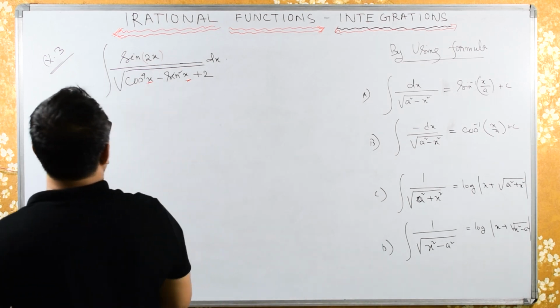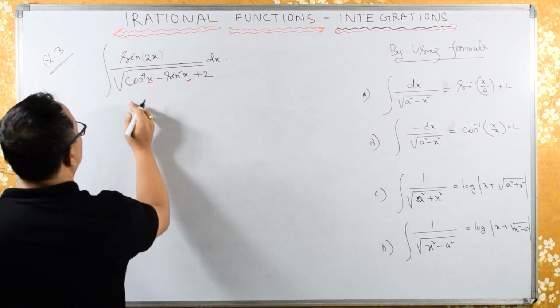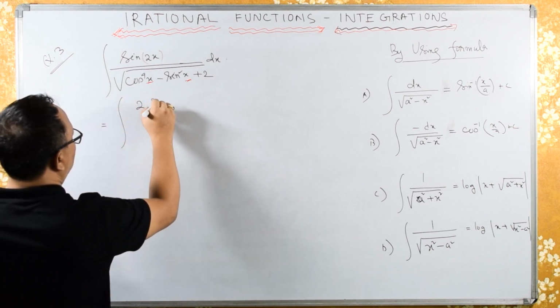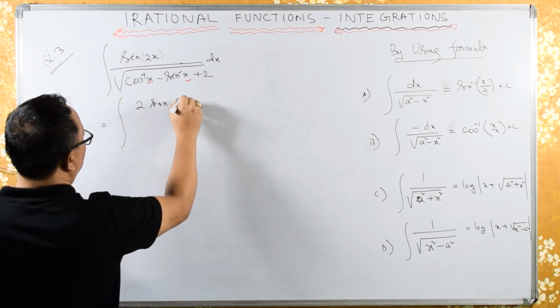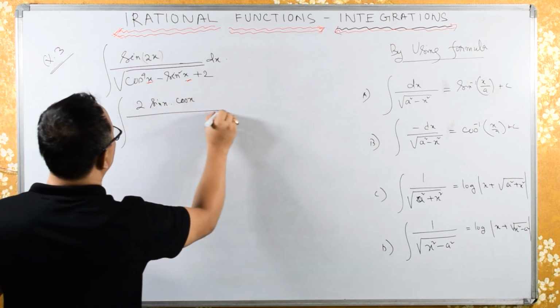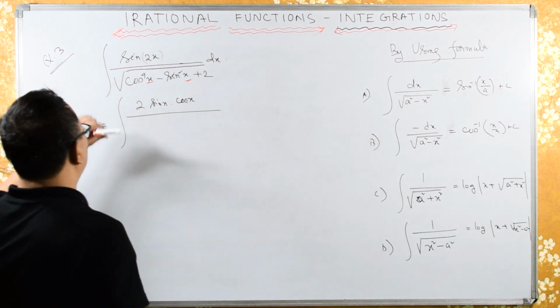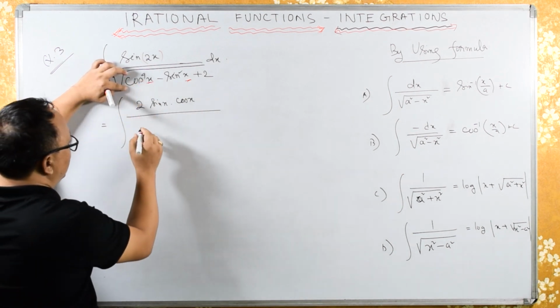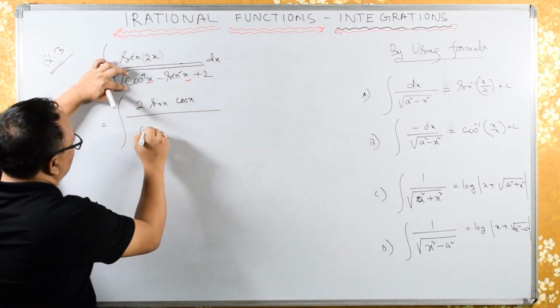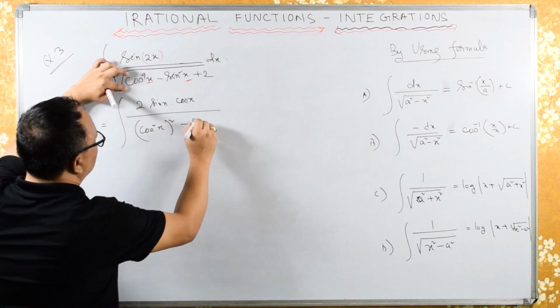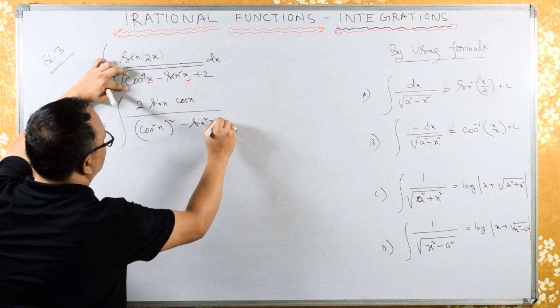Let's substitute. Sine 2x is 2 sine x into cos x upon, now cos 4x is what? I can say cos square x the whole square minus sine square x plus 2.